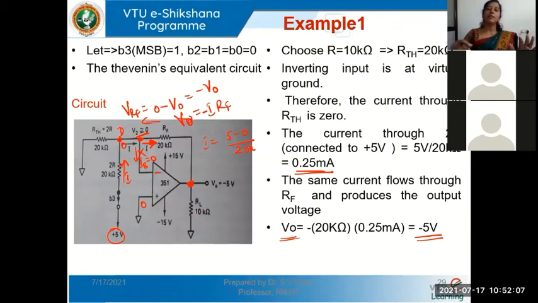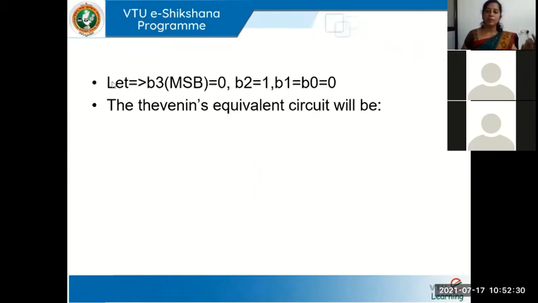Whenever you connect the signals to the inverting input, you will always get a negative output, especially when you have connected a positive reference voltage. Is that clear? So the analysis here is slightly different. I have shown you two different ways of analyzing the same circuit and also two small different versions of the circuit. You can use either.